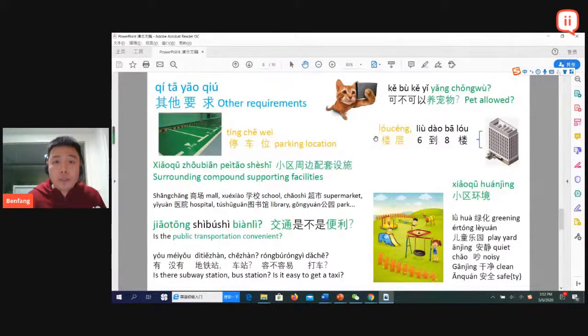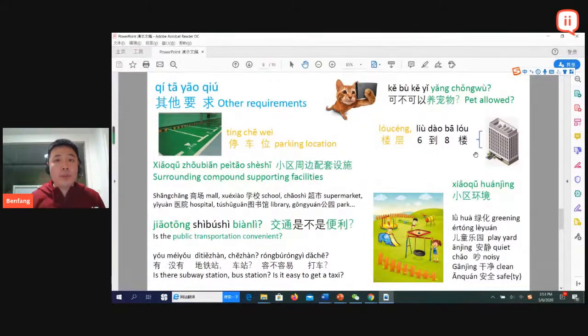The noun to tell the floor is 楼层. 楼层怎么样? How is the floor? 你喜欢什么样的楼层? What kind of floor do you prefer? 有的人喜欢6到8楼. For example, how to tell the floor: 6到8楼, from the 6th to the 8th floor. When you go to an agency, they will ask you, 你想要什么样的楼层?